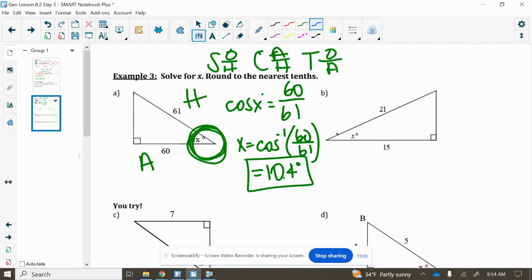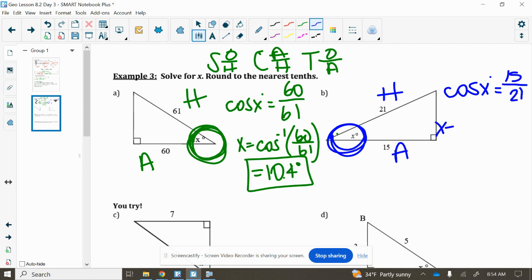On our second example, we are given x as the angle again, so we know we will need to use inverse. This time we are also being given the adjacent leg and the hypotenuse for this triangle. So again, this is going to be another cosine example. Adjacent over hypotenuse to get our x value, cosine inverse of that fraction.